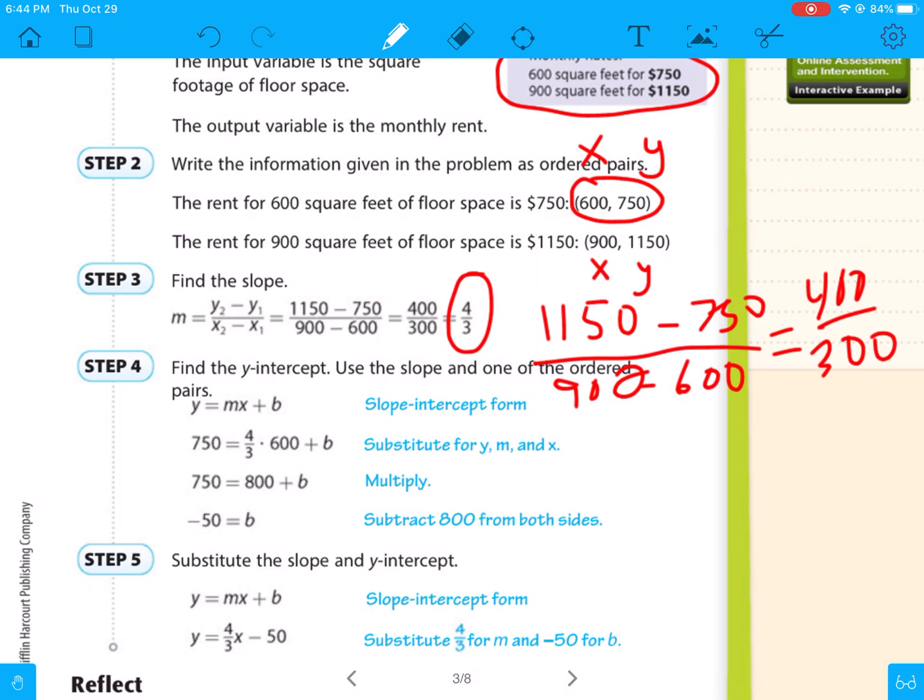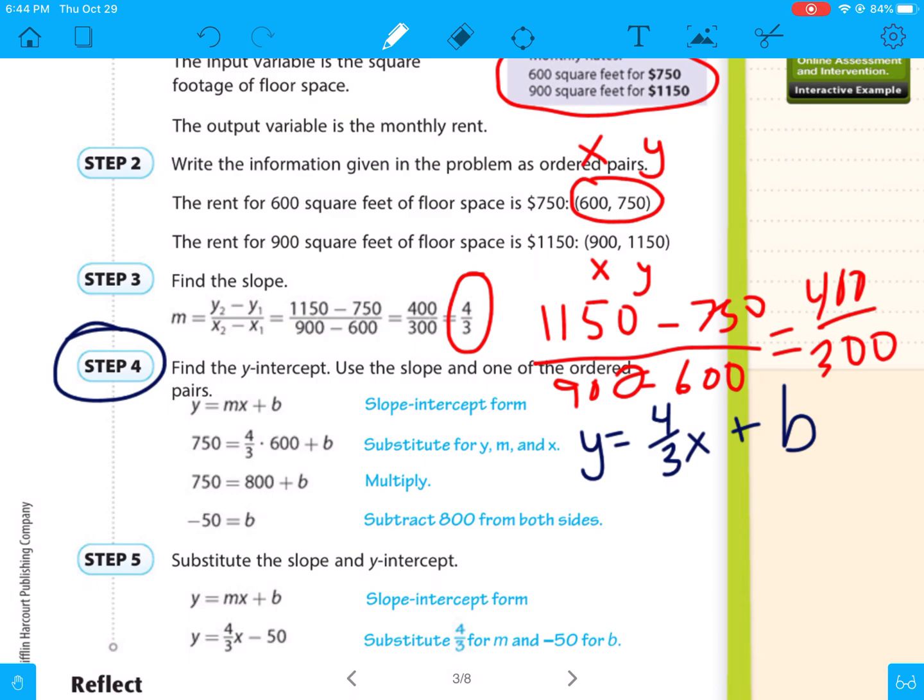Now this is the new one, step 4, which is find the y-intercept. So we have to put this into y equals mx plus b. So if you have y equals 4/3 x plus b, because we don't know our b yet.